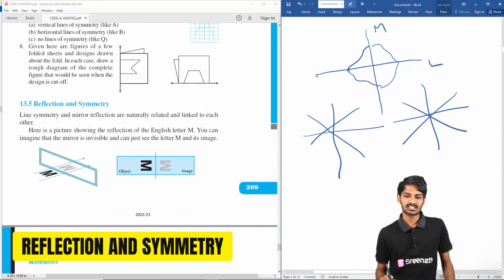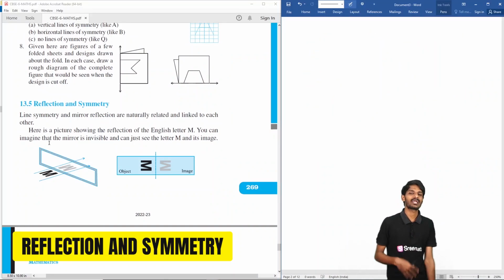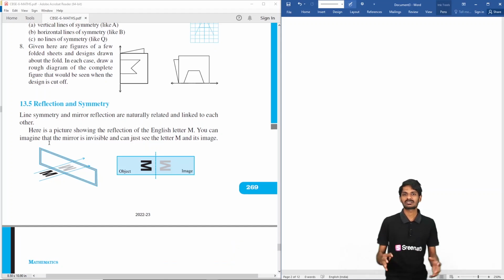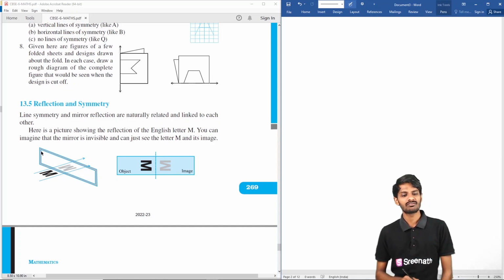Next, reflection and symmetry. Sometimes mirror reflection and line symmetry look the same. Suppose you take a mirror, and in front of the mirror place the letter M. In the mirror, just look how it looks. Now assume that there is no mirror and there is only the image. So this is the object and this is the image.